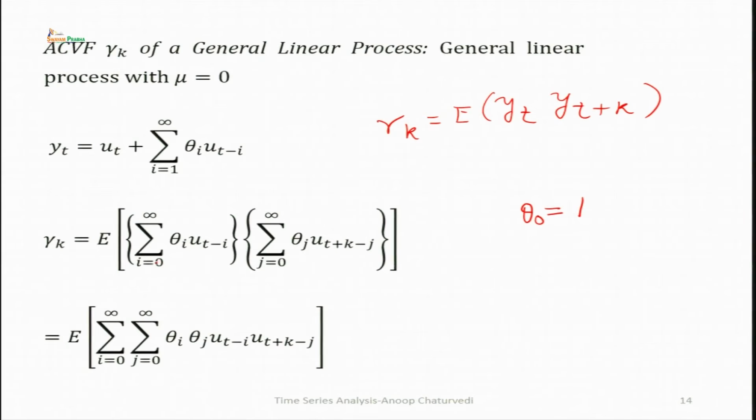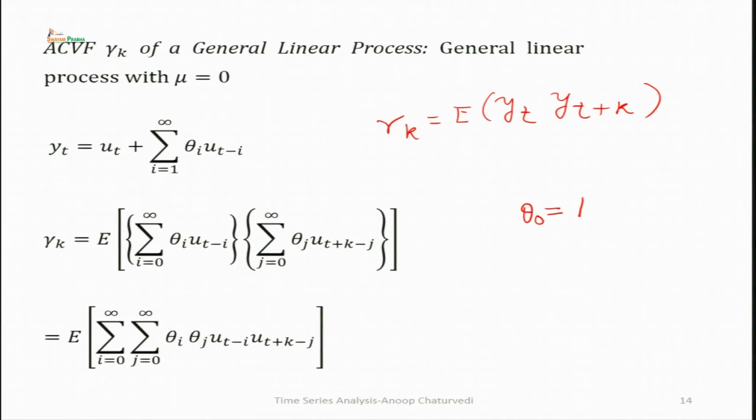So, for i equal to 0 you get the first term u t. Or you can write this as expectation of summation over i, summation over j, theta i theta j u t minus i u t plus k minus j.